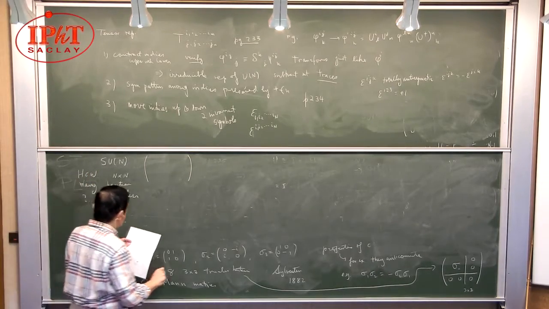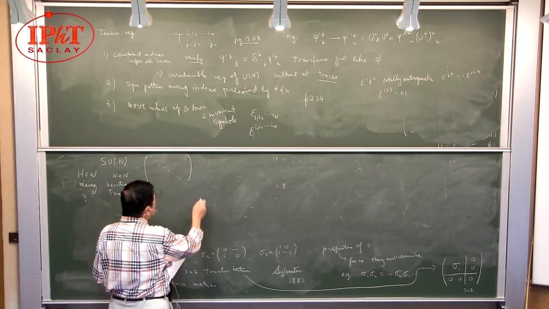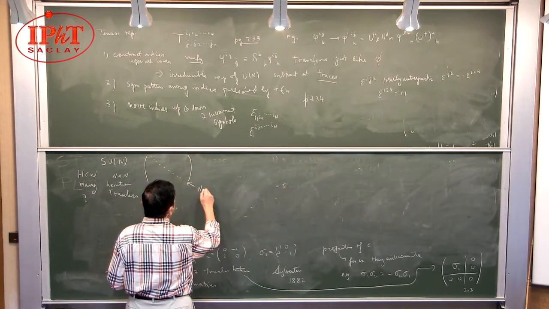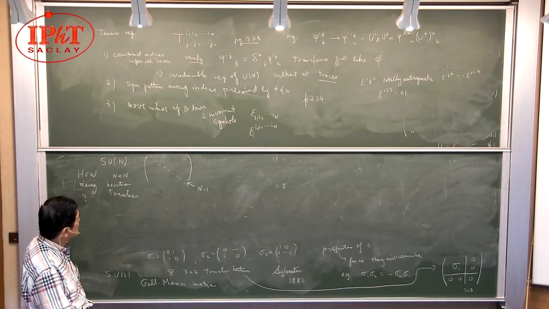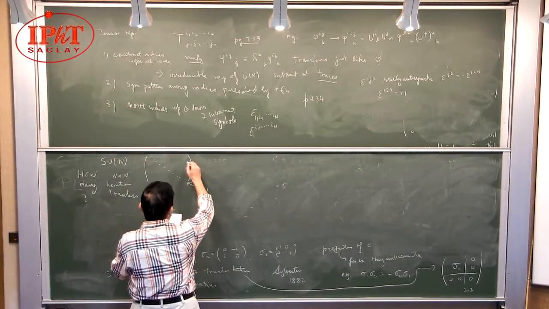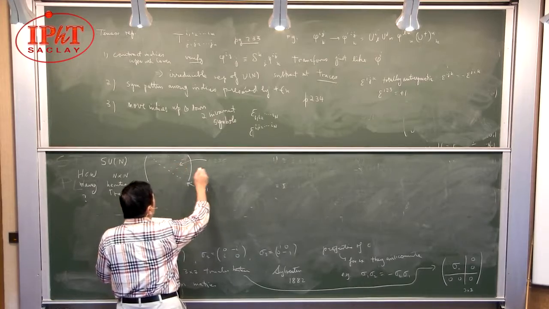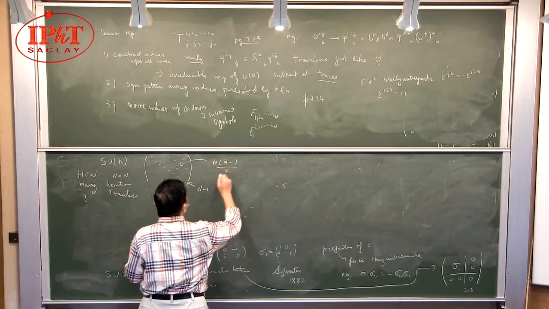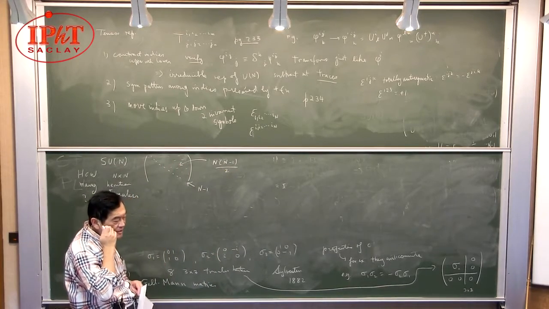Okay, so this is easy. First there are the diagonal elements, and there are n minus 1 independent objects we can write down, right? The minus 1 is because it has to be traceless, so that subtracts 1 from n. And the other thing is how many elements are in the off diagonal: n times n minus 1 over 2, because these are related to those by Hermitian conjugation.